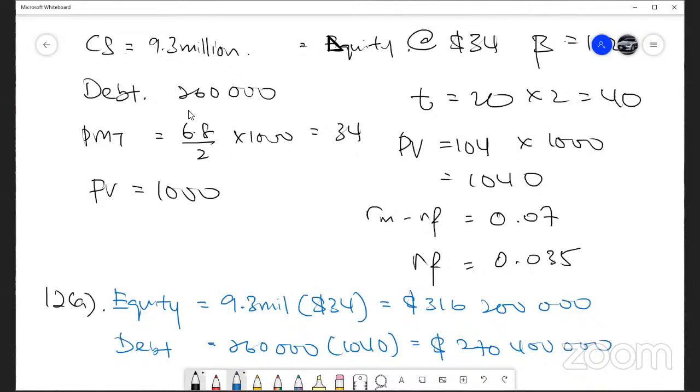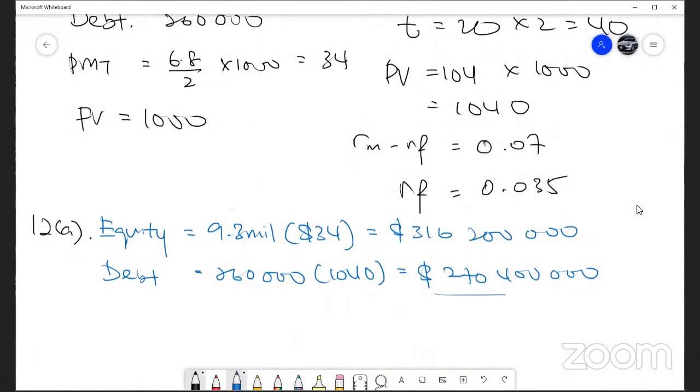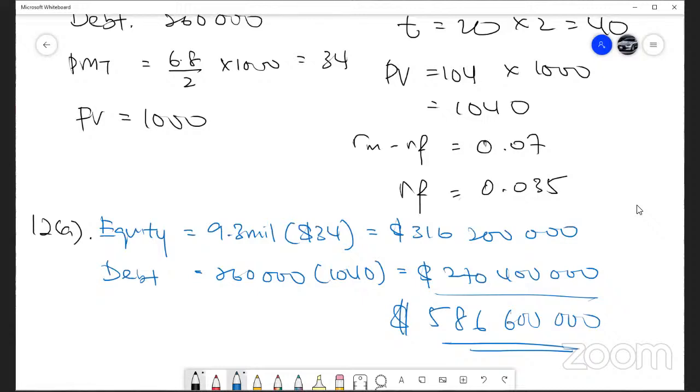So total is up together. This is the total market value, 586,600,000.